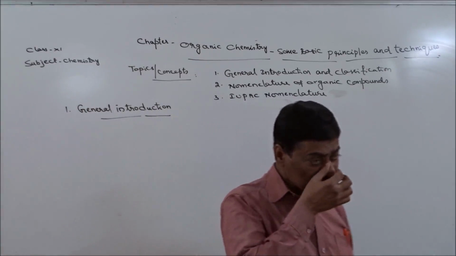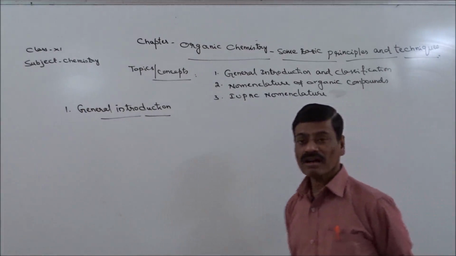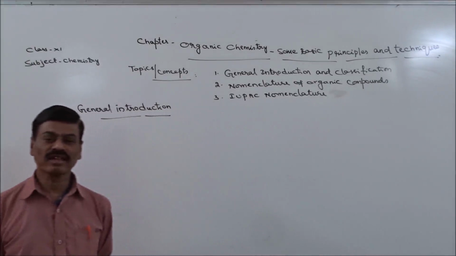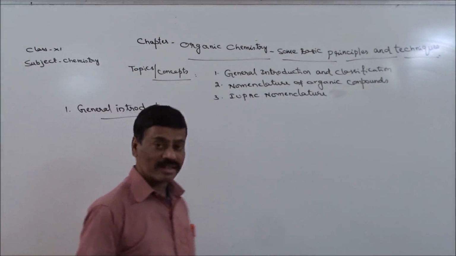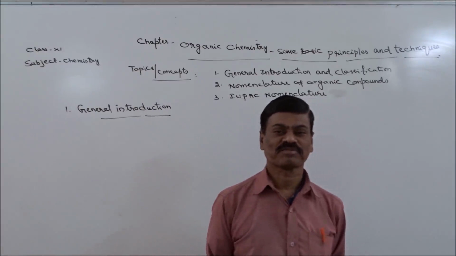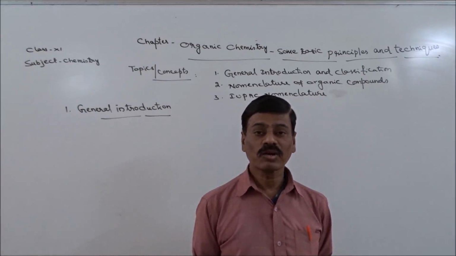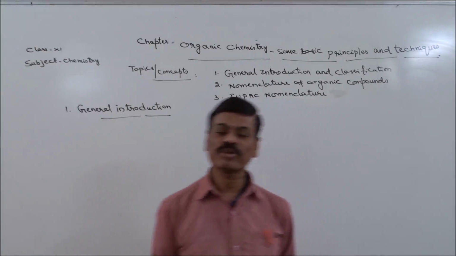Majority of the substances which we are eating are organic compounds, except sodium chloride, NaCl and H2O. The remaining things which are entering in our stomach, which we are eating, which are associated with good calorific values, are nothing but the organic compounds.